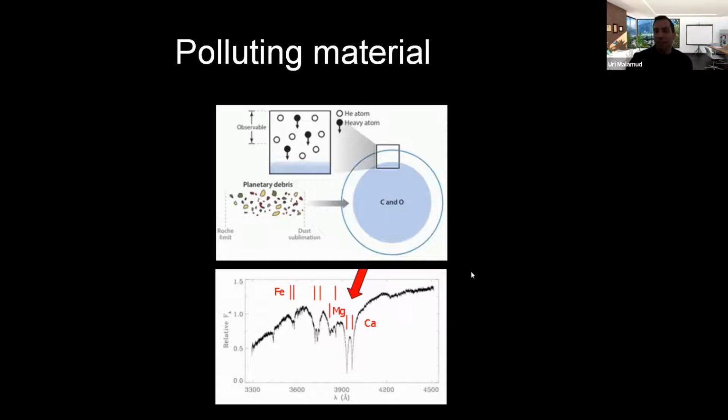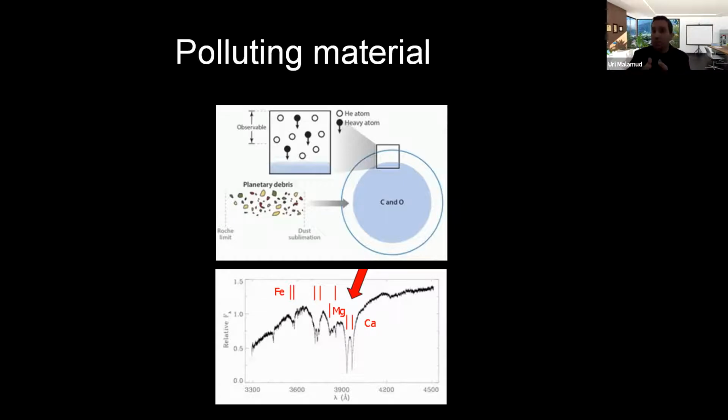So what we see actually when we look at these atmospheres, we see regular absorption lines. We see these features, and we see the absorption lines from heavier elements, heavier than helium. And what's really unique about that is, I just said that theoretically the sinking time is very fast.